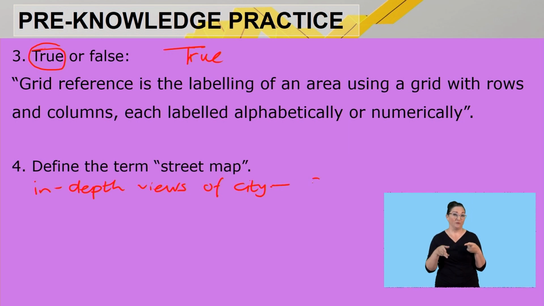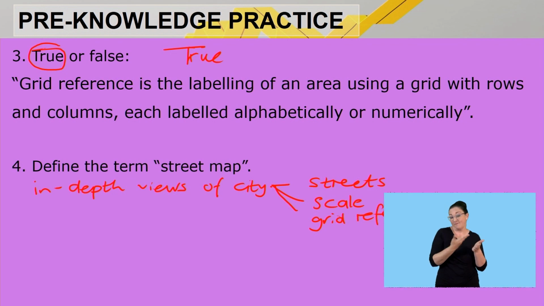That will normally include your streets, it can include your scale, and sometimes it will also include grid reference. Let me write it properly. It shows in-depth views of a city with normally the streets of the city, the scale of the map, as well as grid reference, depending on the map.